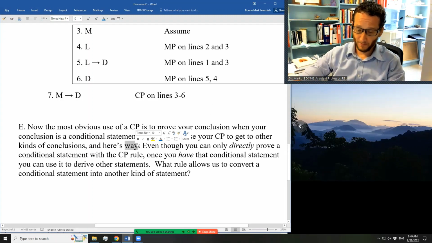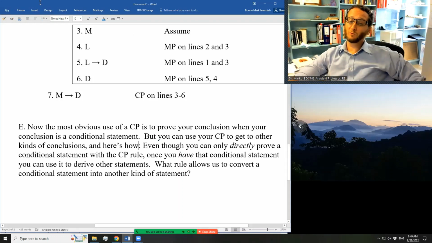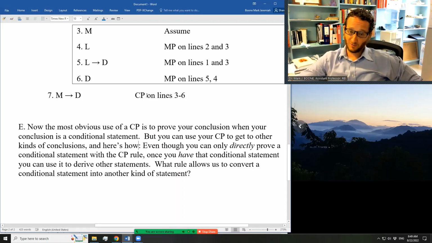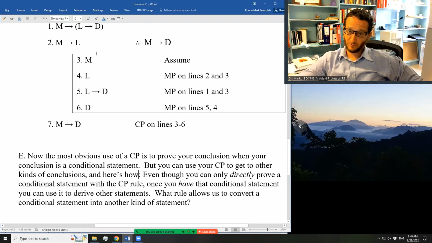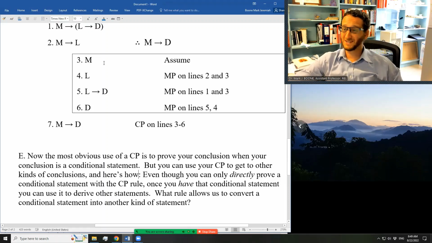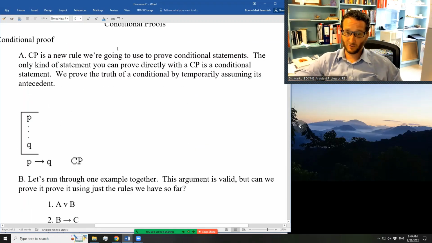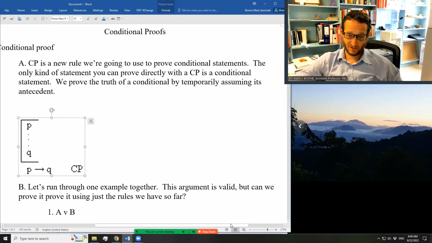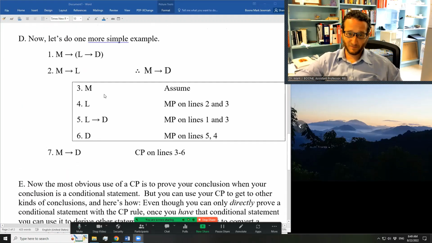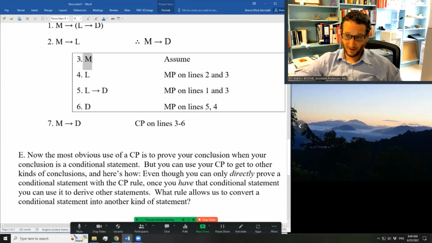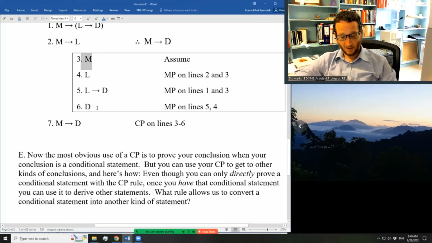And here's how. You can only directly prove a conditional statement with a conditional proof rule. In other words, once again, the conditional proof rule always has this pattern, the pattern we were illustrating here with these symbols P and Q. The first assumed step of the conditional proof is the antecedent to a certain proposition.